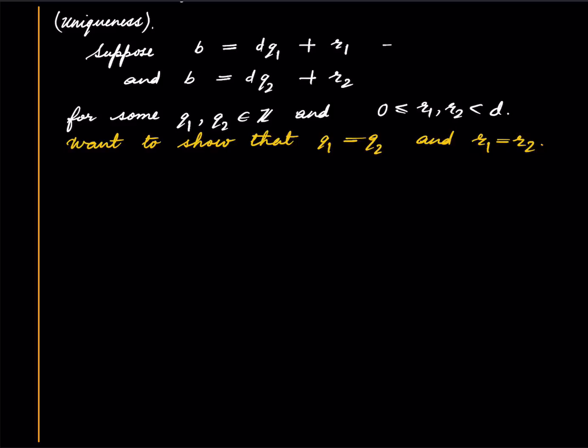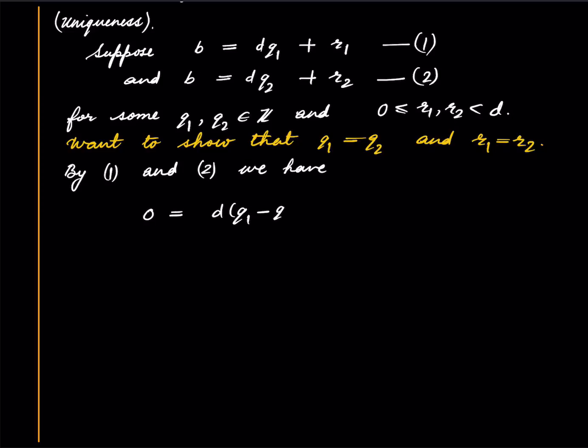By these two equations, 1 and 2, we have 0 equals d times (q1 minus q2) plus (r1 minus r2). Okay. What did I do? I just subtracted the two equations. Okay, fine. So we get r2 minus r1 equals d times (q1 minus q2).